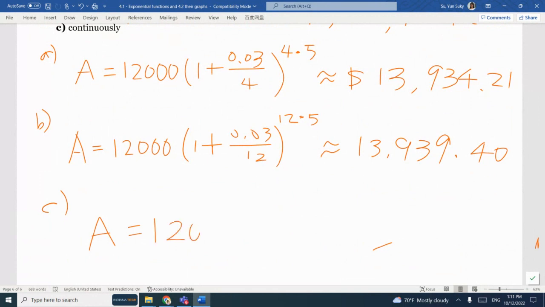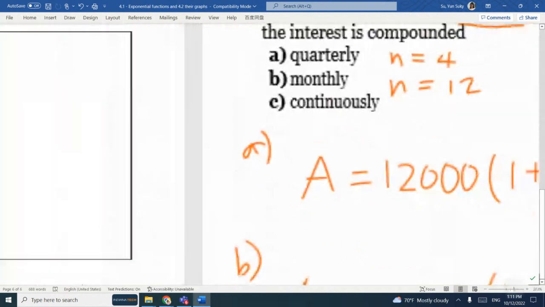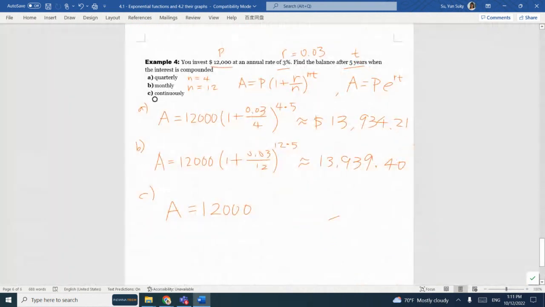P is 12,000 and times e to the RT. R is 0.03. T is 5, right? So you type that in your calculator. What do you get?